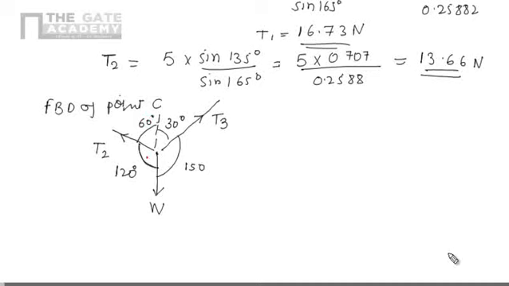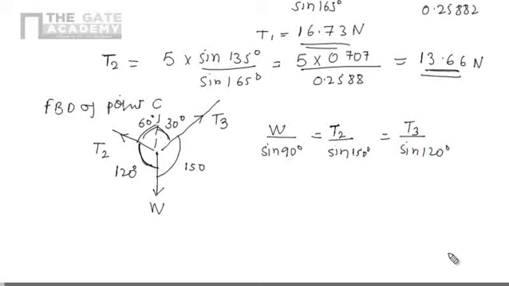Now we can easily apply Lami's theorem here. According to Lami's theorem, W over sine of the angle between the opposite two forces, which is 60 plus 30, that is sine 90, equals T2 divided by sine 150, equals T3 divided by sine 120.